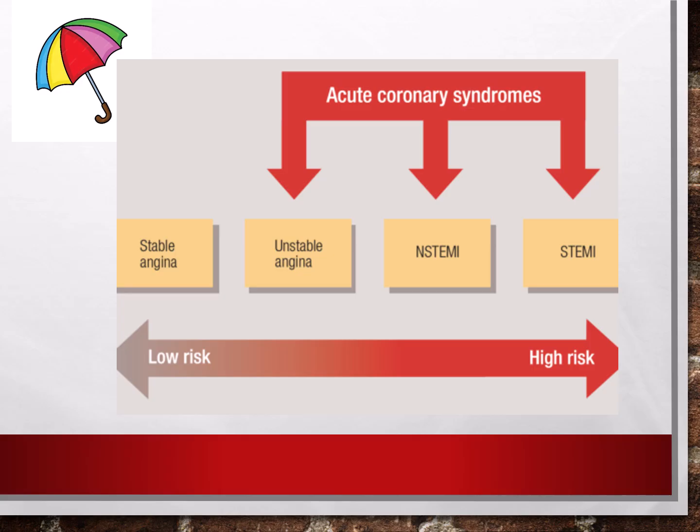So stable angina, we're not going to worry about today. Patients with unstable angina fall on one side of the acute coronary syndrome umbrella, and then we have an NSTEMI, which is a non-ST elevated myocardial infarction, and we'll get to what that means in a few minutes. And then we have STEMIs, an ST elevated myocardial infarction, and this on the other side is the high risk.